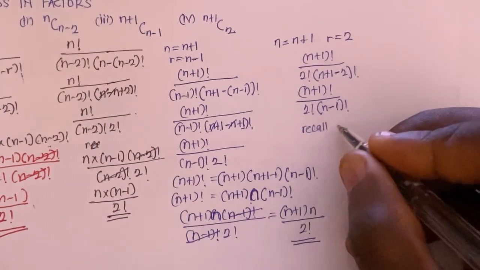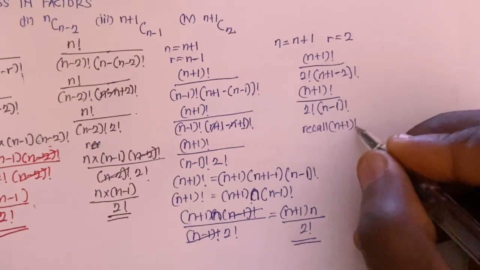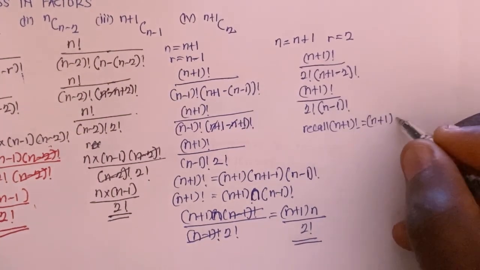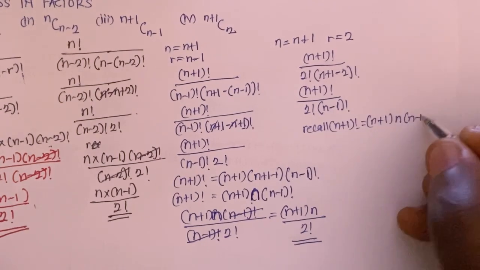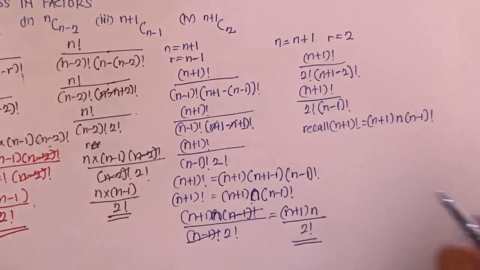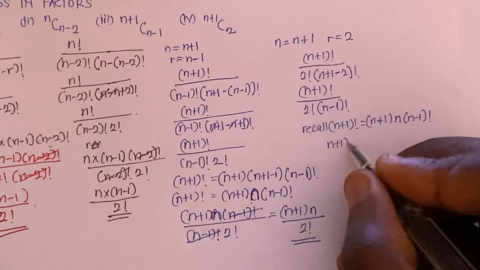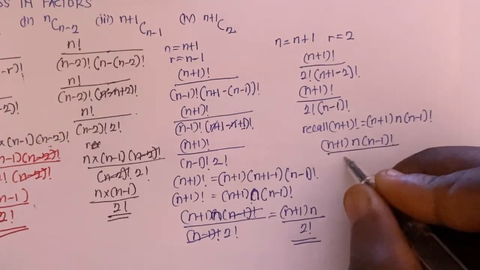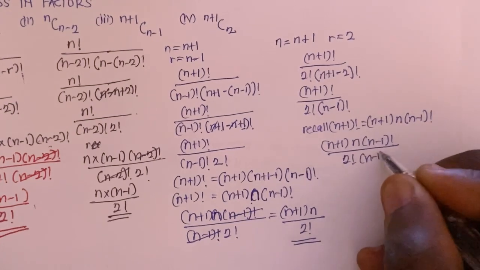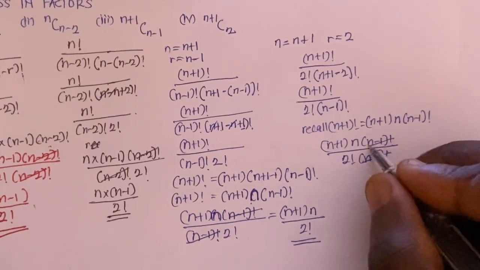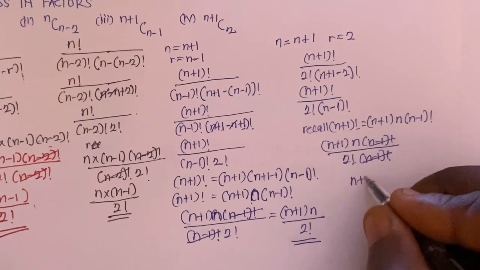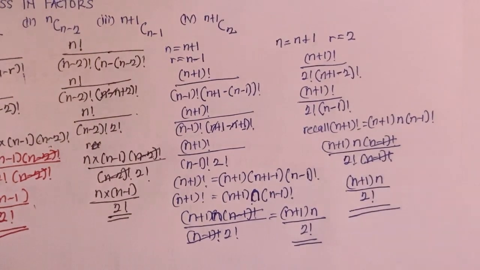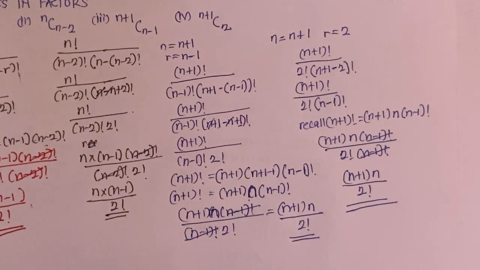Recall that n plus 1 factorial is n plus 1, then n into brackets n minus 1 factorial. So we have n plus 1 into n into brackets n minus 1 factorial divided by 2 factorial into brackets n minus 1 factorial. This cancels out, and we are left with n plus 1 into brackets n divided by 2 factorial, which is the factor form.